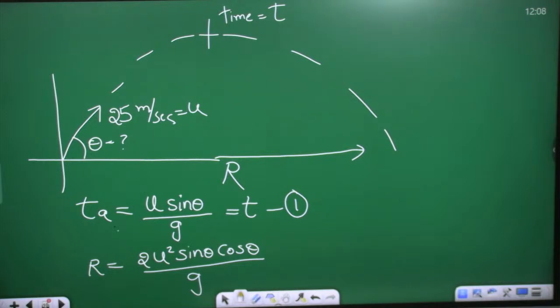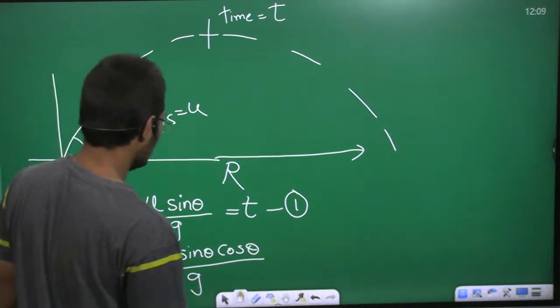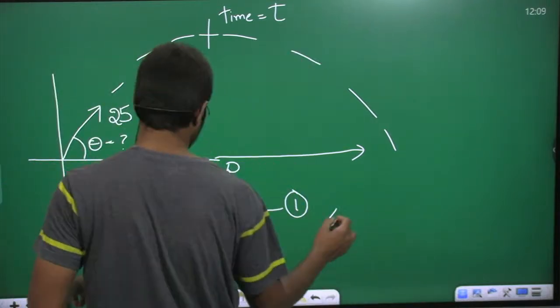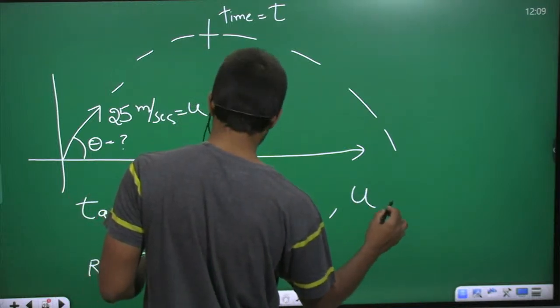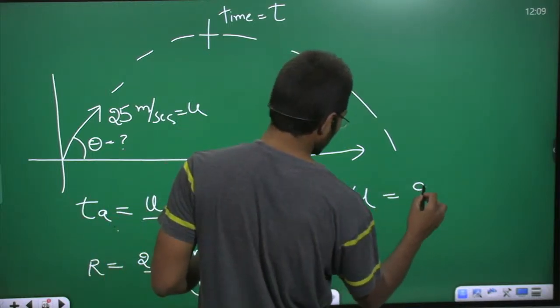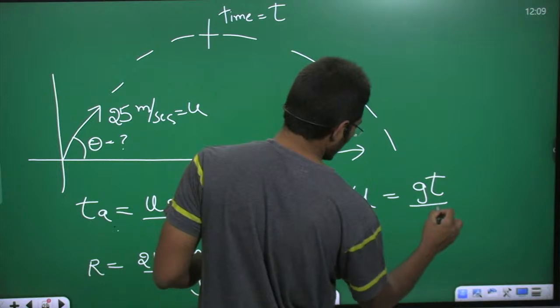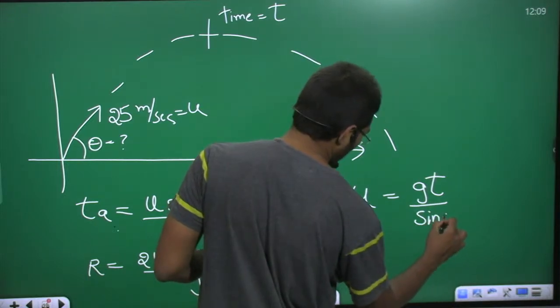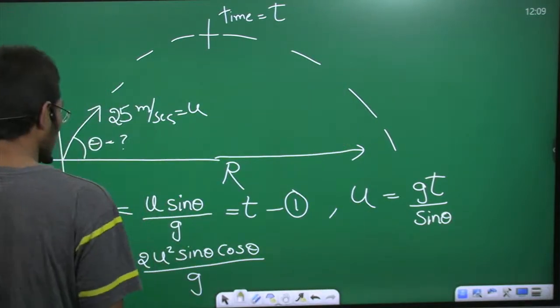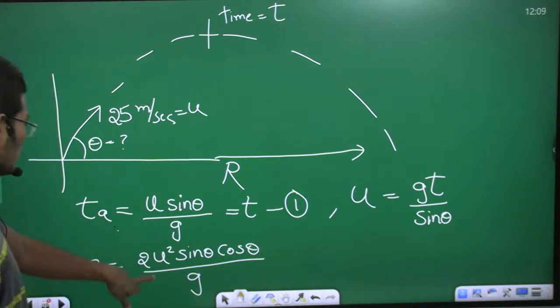Here we are supposed to find theta, so let's write u in terms of t from equation 1. u is equal to gt by sine theta.